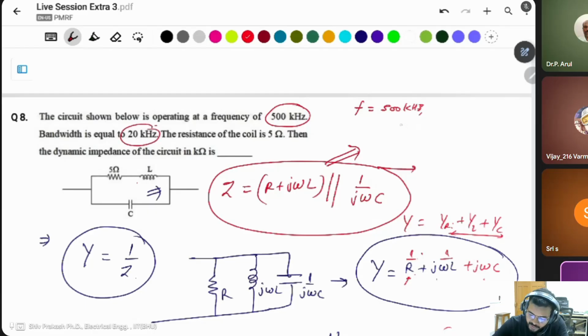You know the bandwidth is equal to f naught divided by Q, where Q is the quality factor, which is omega naught L divided by R. Bandwidth is given as 20 kilohertz.